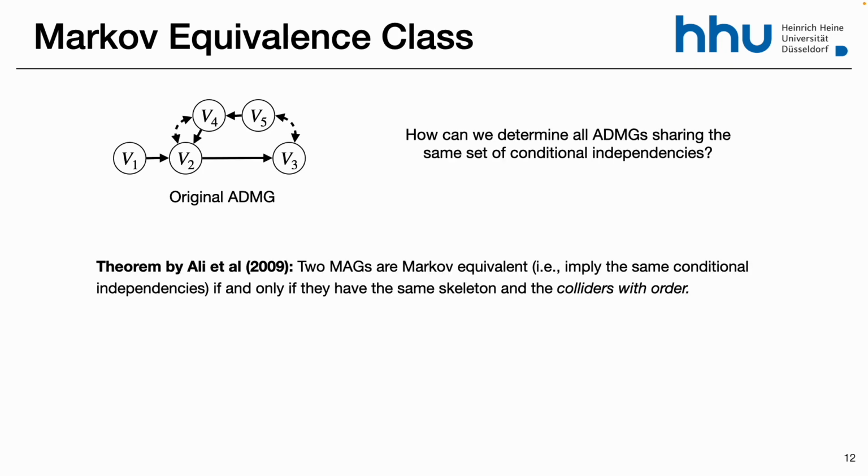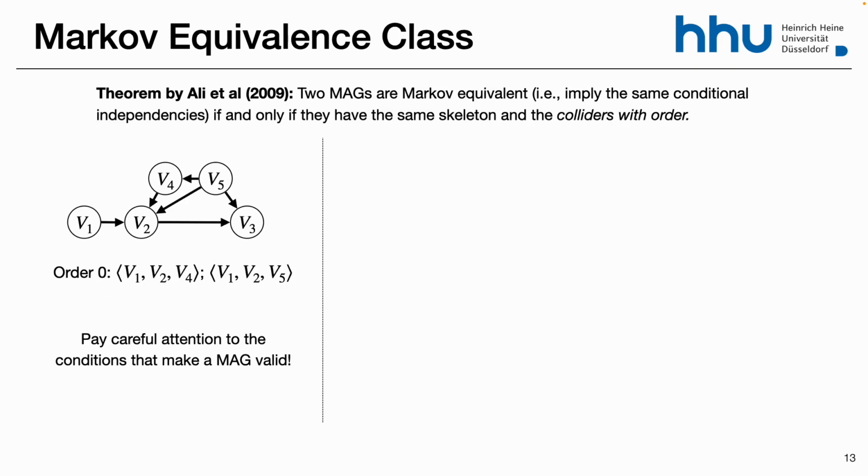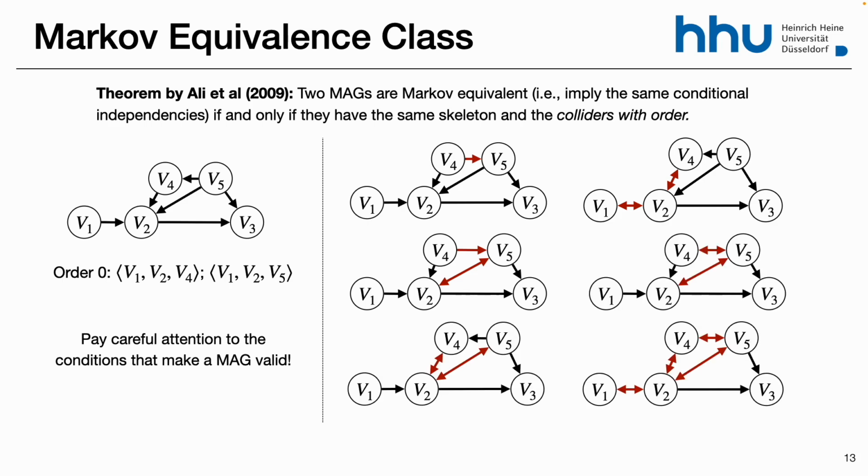But you have different MAGs now that are equivalent to each other in the sense that they imply the same conditional independencies. So I'm no longer asking you to preserve the ancestor relationships of one model. I just want to represent conditional independencies. And in this case, I can create many MAGs.